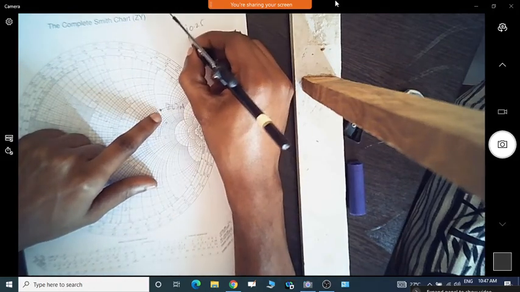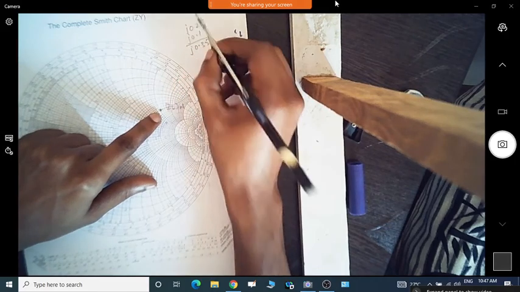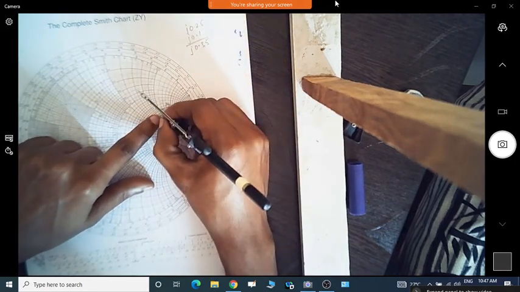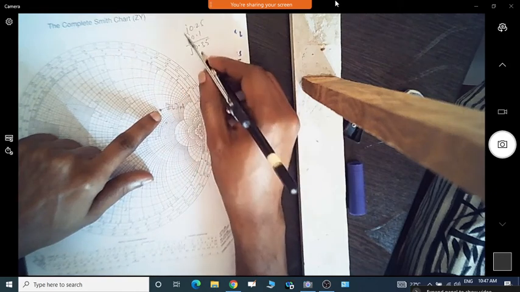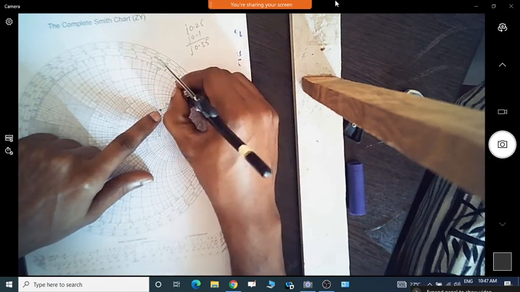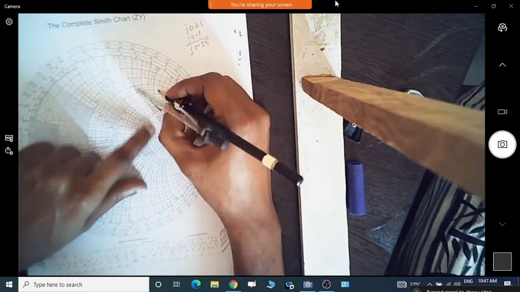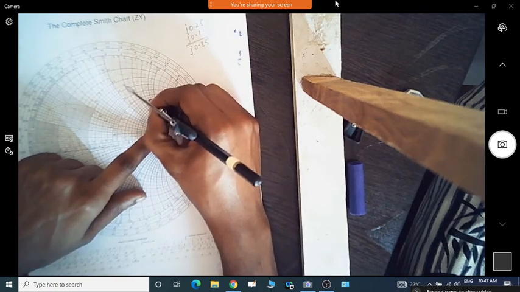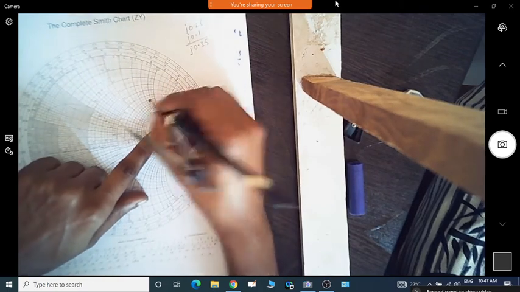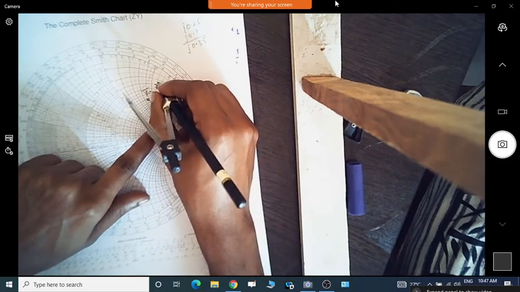Now I need to add 0.1 to it. So in total it will become 0.35. I need to move on the conductance circle till that 0.35 comes. So now you can see this is 0.3 and 0.35. So this much distance I am moving on the conductance circle. Somewhere here we will get the normalized admittance value, also the normalized impedance.